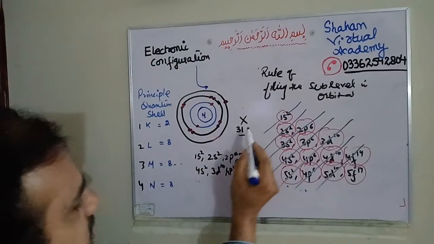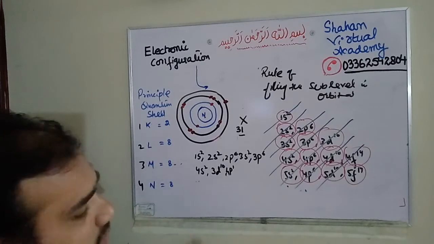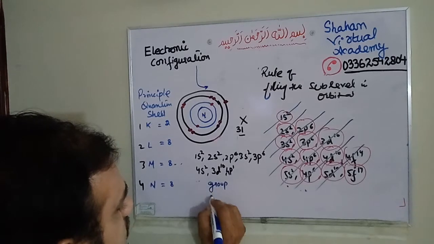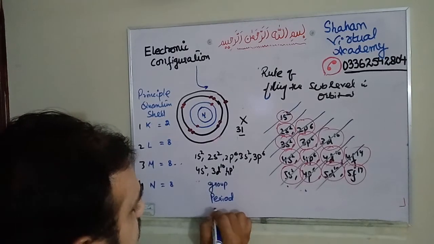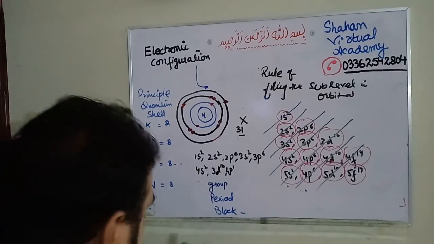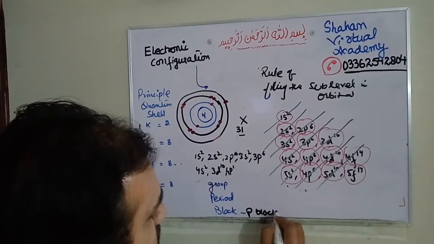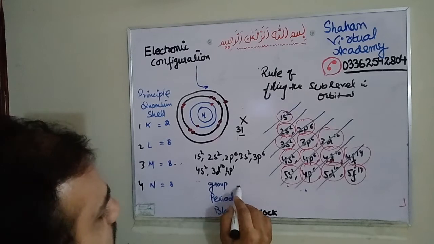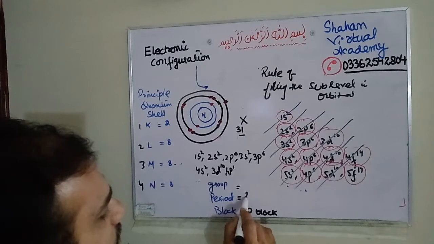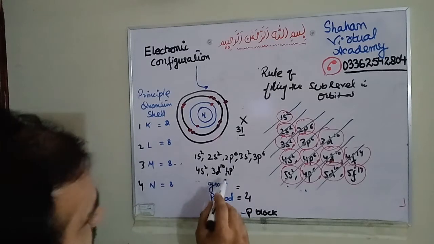Let's suppose X has atomic number 31. It tells you its group, its period, and its block. This element is a P block element, and its period is 4.